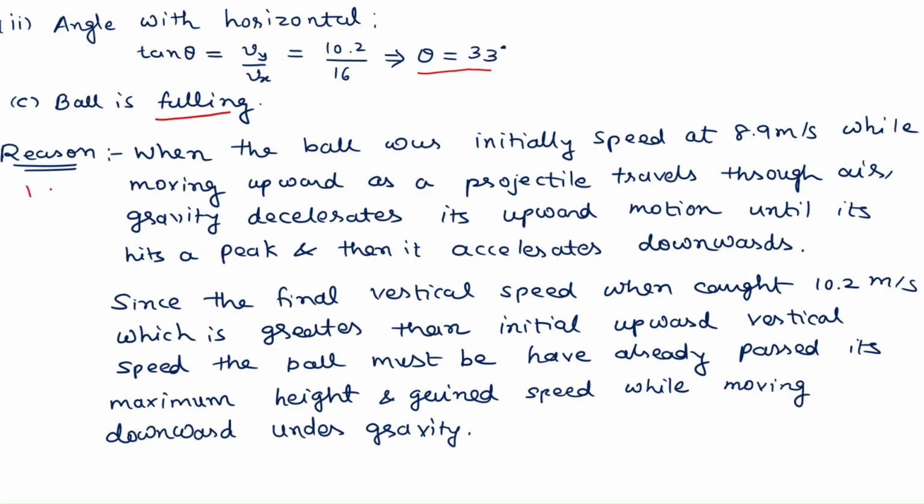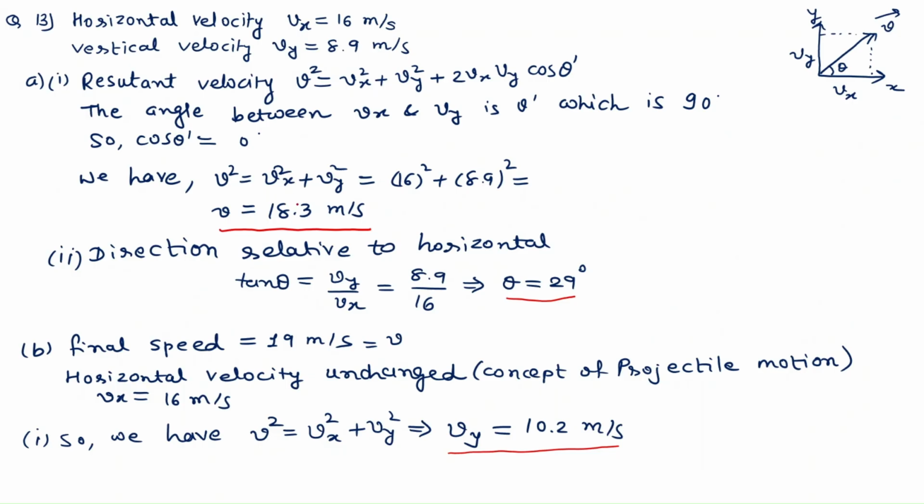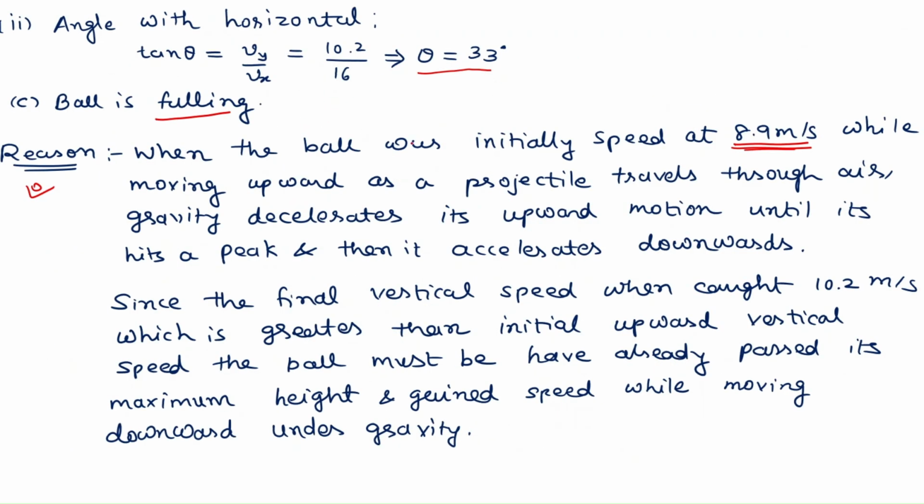Why? I gave a reason here. So, let's try to understand. When the ball was initially at a speed, which is given as 8.9 meters per second, vertical speed, and moving upward, if the batsman hits the ball this way, the vertical speed is 8.9.